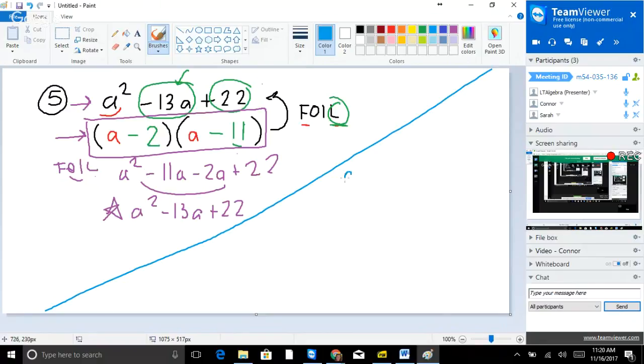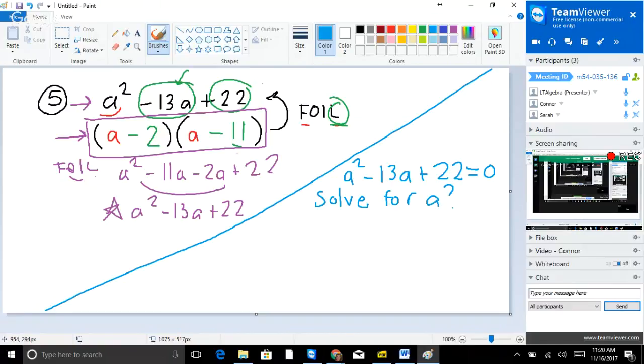We have, what if we took that original equation, a squared minus 13a plus 22, and I said that all equals 0. Can you solve this for a for me? Solve for a.